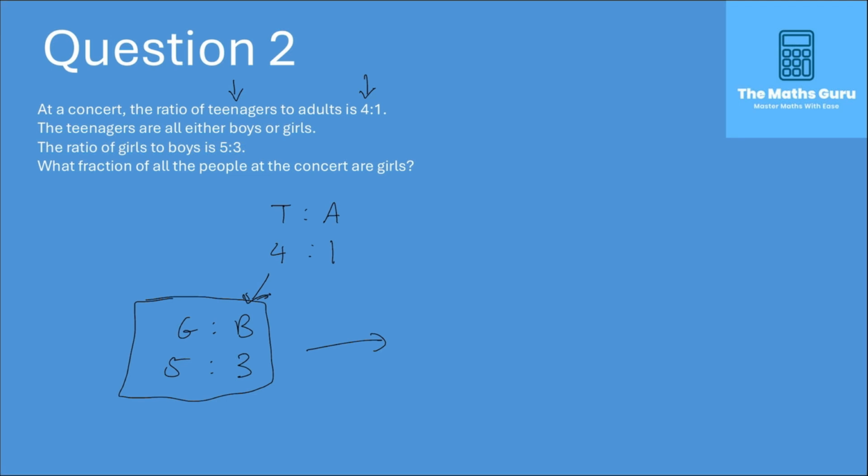So for every 5 parts, there are 3 parts boys. Okay, the total number of parts, if you guys remember, is 5 plus 3, which is 8, and the number of girls is 5 parts. So this is the girls out of the teenagers. So yeah, 5 out of 8 of the teenagers are going to be girls.